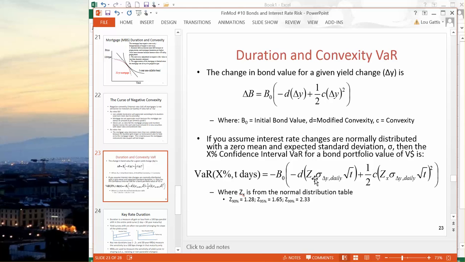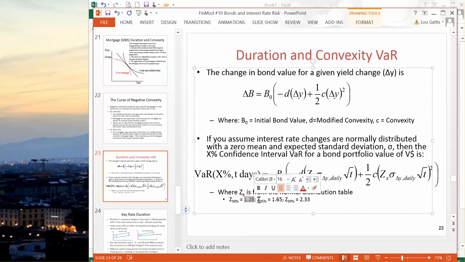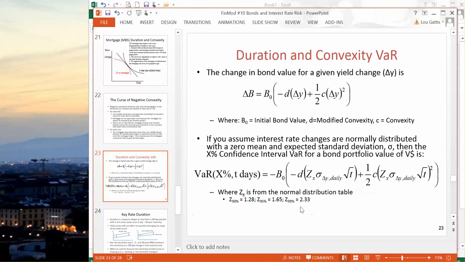We'll call that Z of X times the standard deviation. Now that Z of X will depend on the confidence interval. Say for a 90% VaR, you can calculate a 1.28 standard deviation change, 95% VaR 1.65, and 99% 2.33.